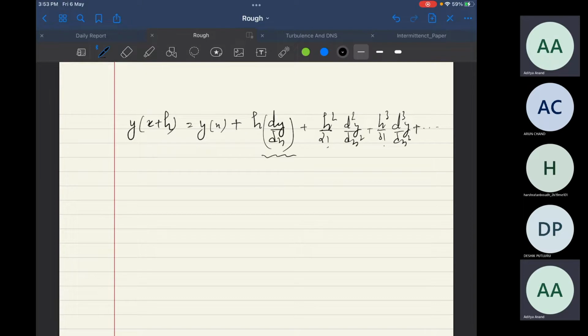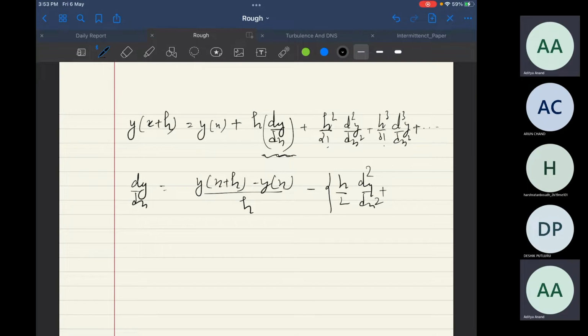So what we want is dy by dx. So you can get dy by dx as y of x plus h minus y of x by h minus these higher order terms. So this would be h by 2 factorial d2y by dx2. If you take 1 by h out here, this would be h squared by 2. So the entire term would be the same.